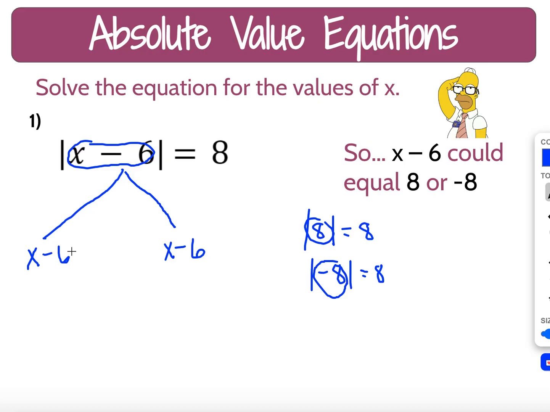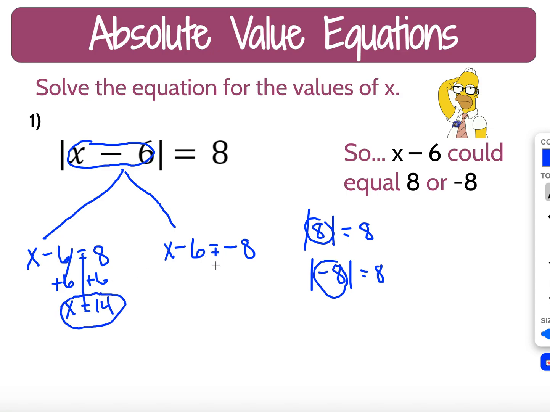So I'm going to say that the x minus 6 could equal a positive 8, but it could also equal a negative 8 to make that true. So what I did was set up two equations, and now I can solve for the two solutions for x.